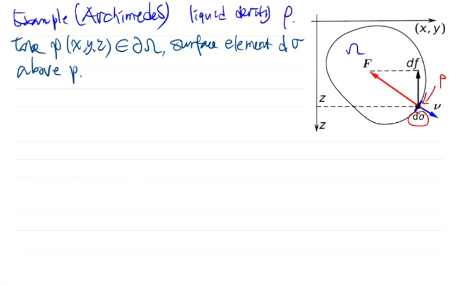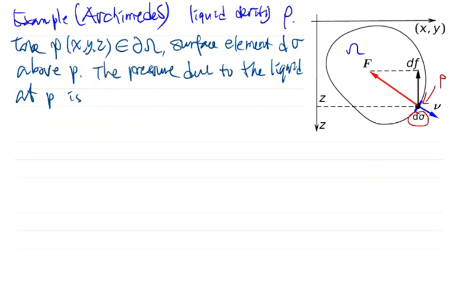Therefore the pressure due to the liquid at the point P is denoted by capital P.